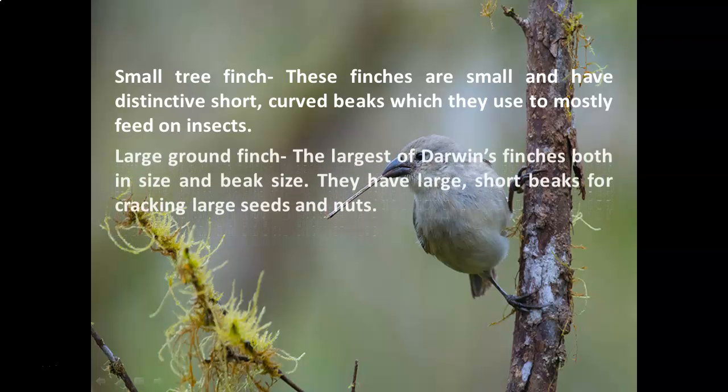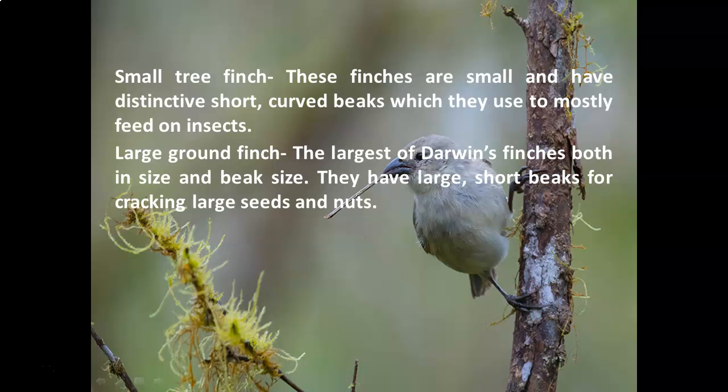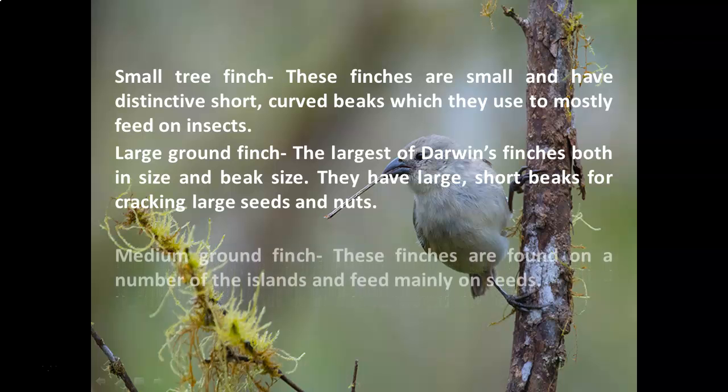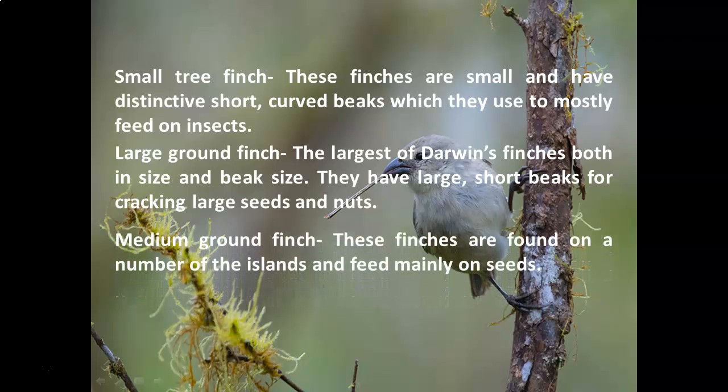Large ground finch. The largest of Darwin's finches, both in size and beak size. They have large, short beaks for cracking large seeds and nuts. Medium ground finch. These finches are found on a number of the islands and feed mainly on seeds.